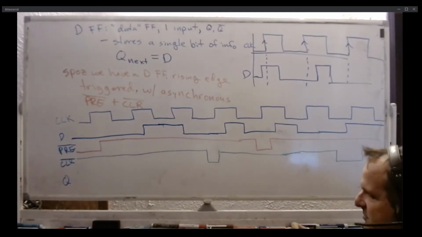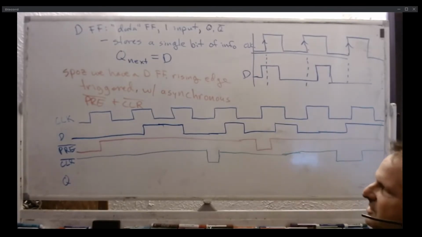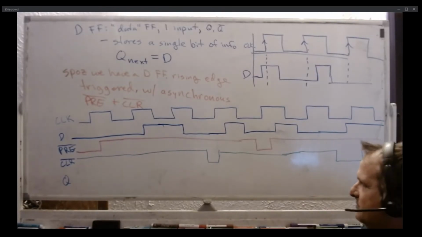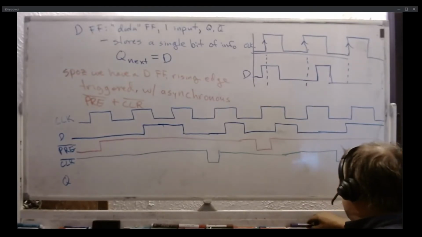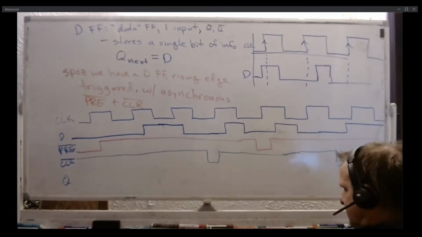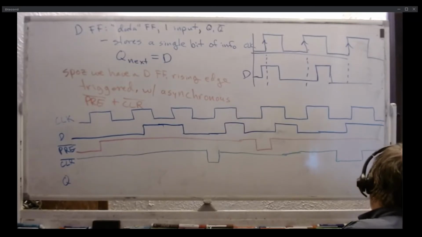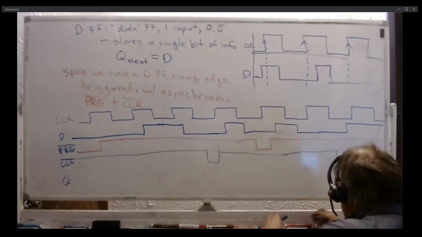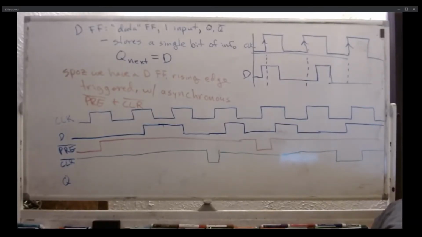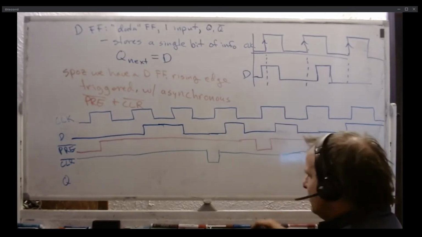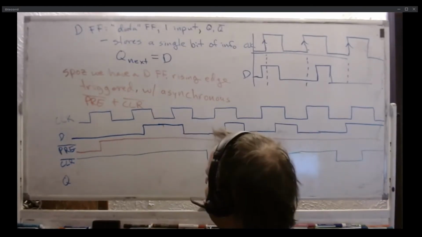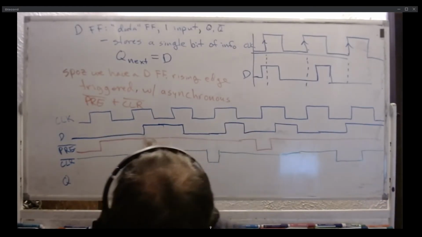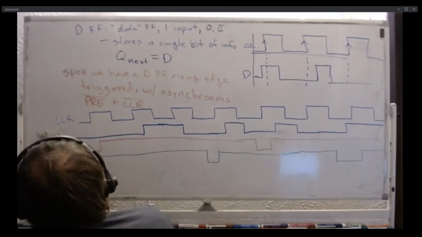Okay, guys. I don't know what Q is going to do. I really don't. But let's run through the timing diagram and figure it out. Sound good? Yeah. Sure thing. Okay. So, we know, right?